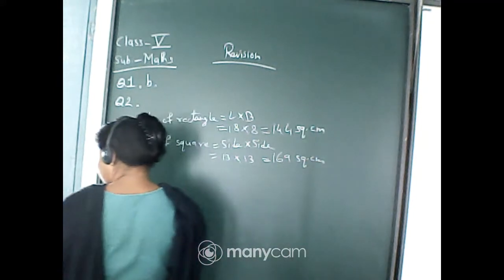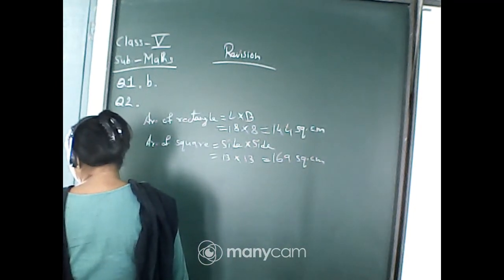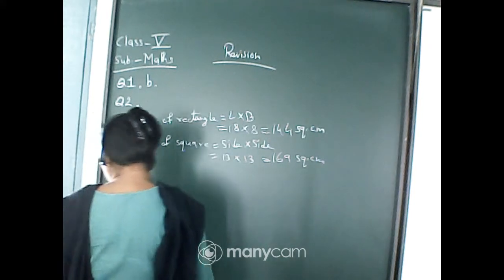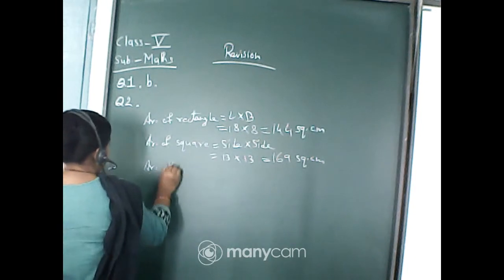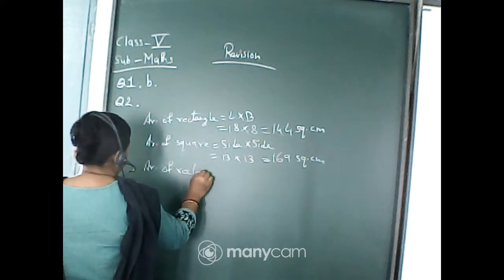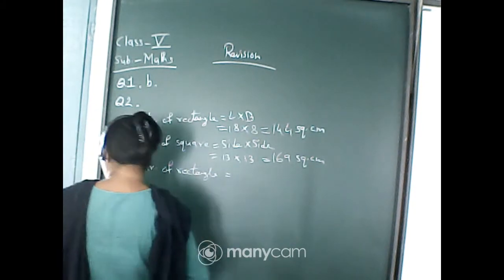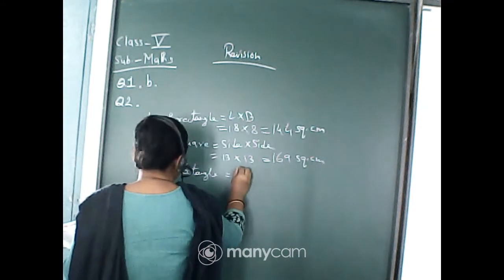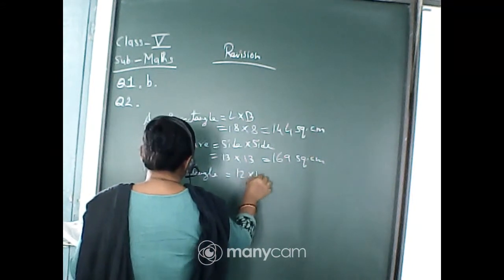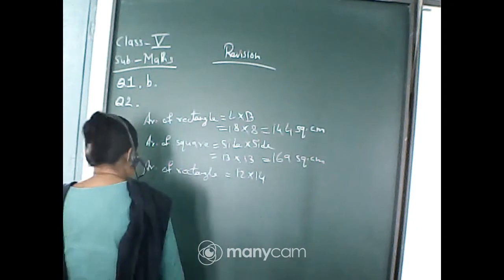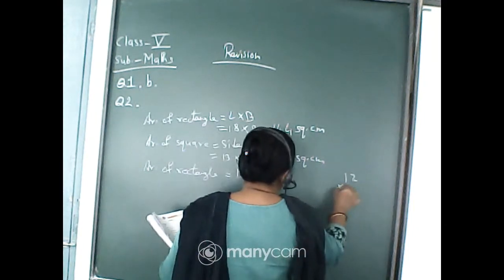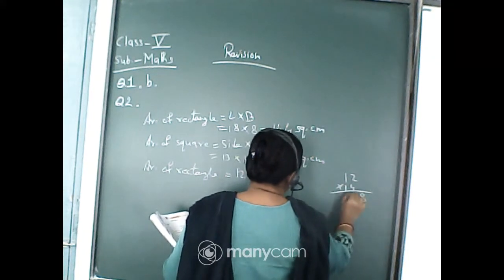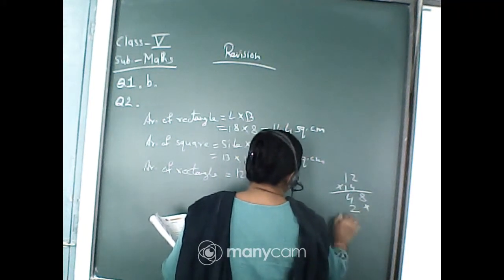Third option is given, a rectangle of length 12 meter and breadth 14 meter. Again rectangle, area of rectangle, that means L into B, that means 12 into 14. So just multiply this 12 into 14 in the rough. 12 into 14, 4 2s are 8, 4 1s are 4, 1 2s are 2, 1 1s are 1.